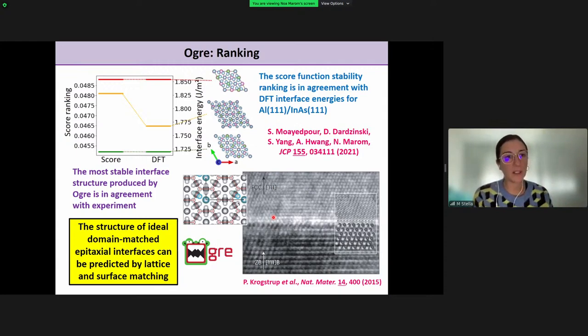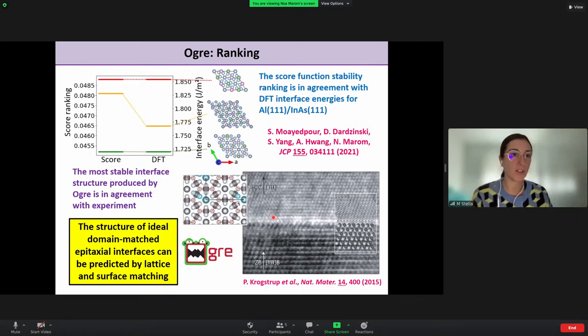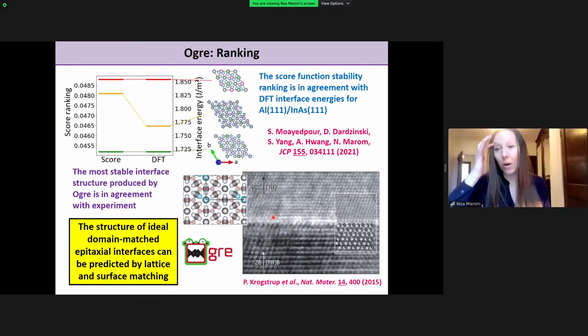Have you noticed any sensitivity of DFT to the ranking, depending on functional spaces? So we haven't tested different functionals for the ranking. And actually, that's a good lead question for the next thing I'm going to talk about.